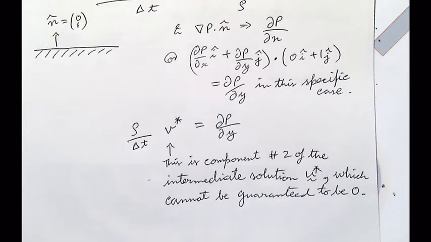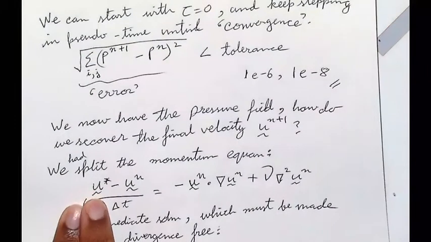Let's see. Where is my other equation? If we go back, this is how we figured out what u star should be. So let's use that.